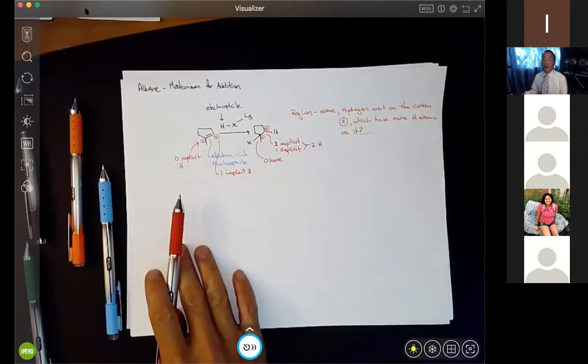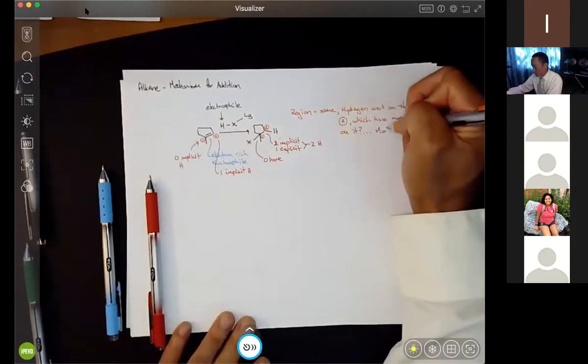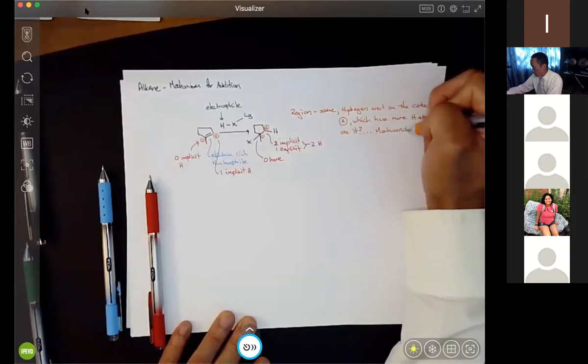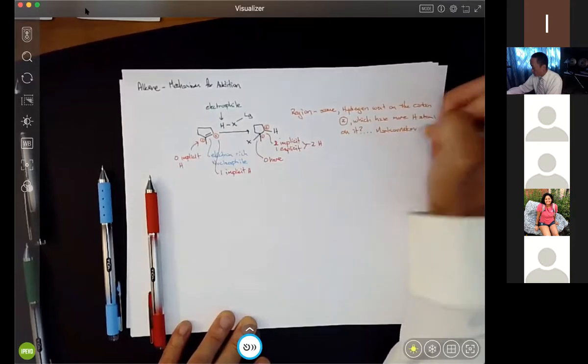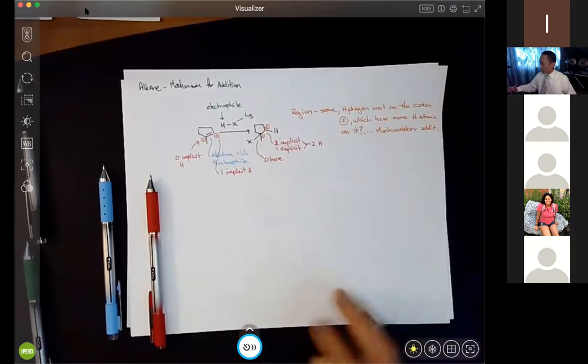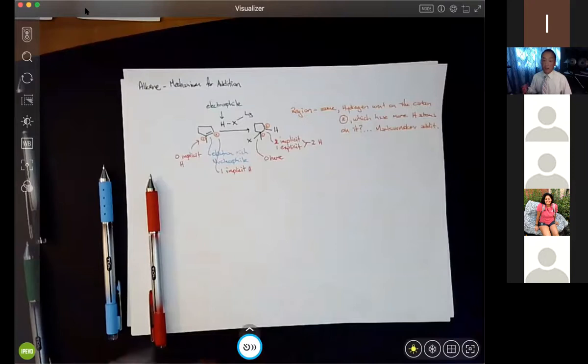And so that was the longest-winded way of essentially saying, this is Markovnikov, M-A-R-K-O-V, Markovnikov addition. You are likely to find that spelled differently. But there's a rule that the thing with the protons gets the proton.